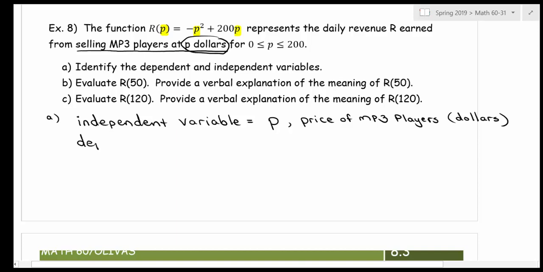Our dependent variable is going to be the R, or in other words, our daily revenue. So I'm going to put here dependent variable is equal to R, which represents our daily revenue.